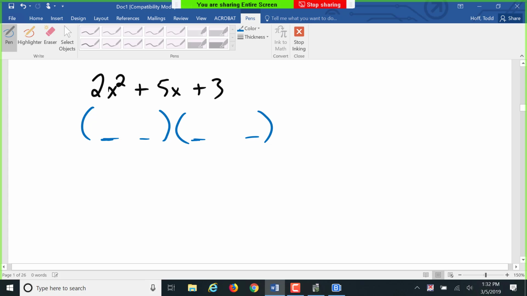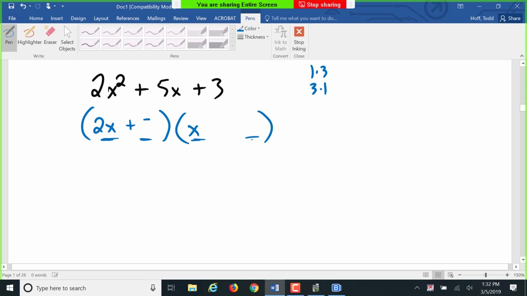Now, however, these first 2 terms have to multiply to make 2x squared. So instead of just x times x, one of them has to be 2x. Now this one I made pretty easy. The last two terms have to multiply to make 3, so that's just 1 times 3 or 3 times 1, right?